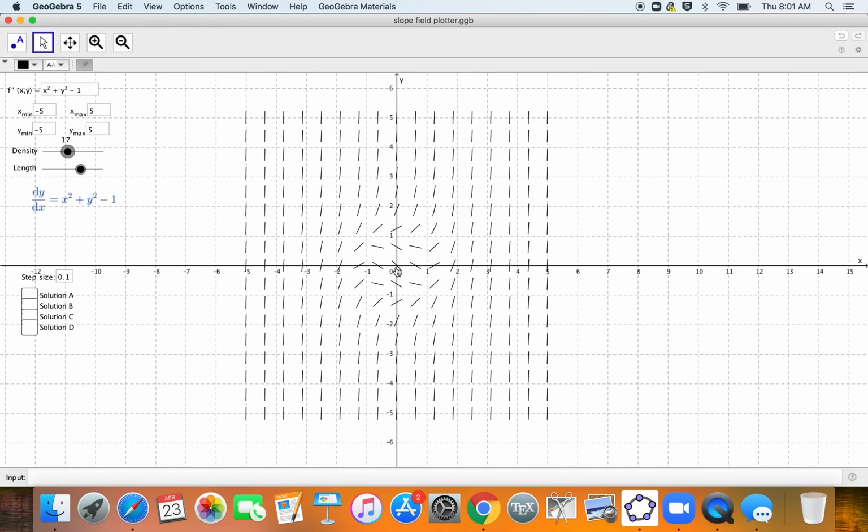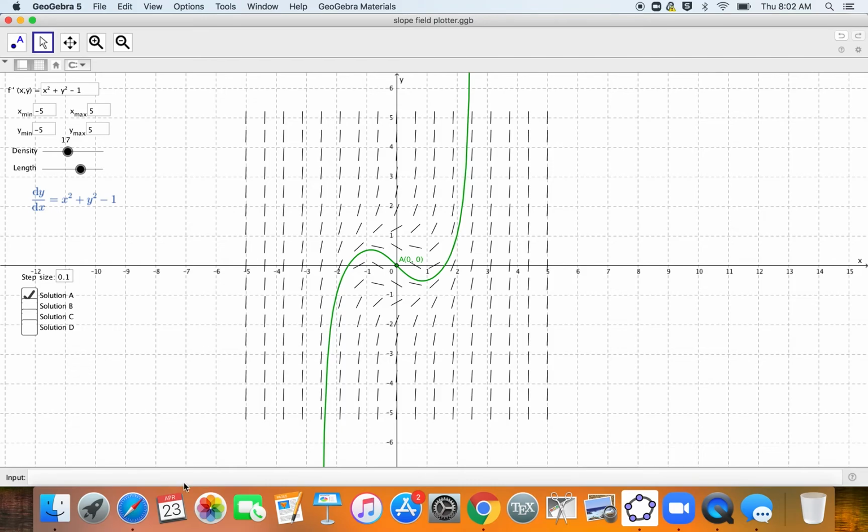And then if I want my solution to go through the origin, let's see, something like that. So you can see how this goes with the flow. Just view the tick marks like the current of a river from a bird's eye view.